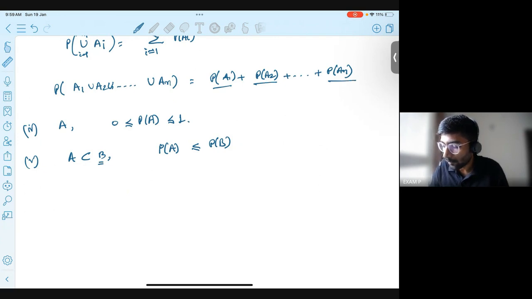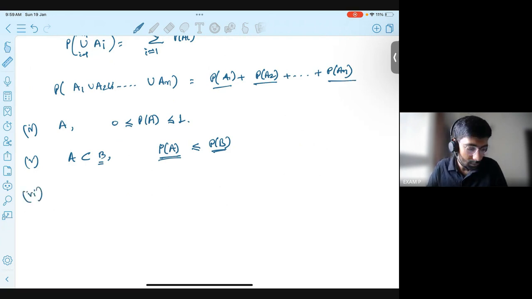So the probability of event B should be at least as much as the probability of event A, right? Because A is a smaller subset.